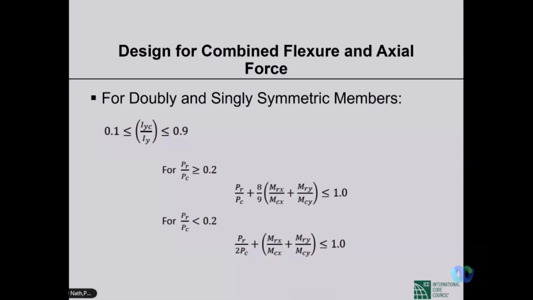There are some expressions for doubly and singly symmetric members. Here, one criterion is that for the compression flange, the moment of inertia about the weak axis divided by the moment of inertia about the weak axis of the whole member should be between 10% and 90%, which is usually the case.